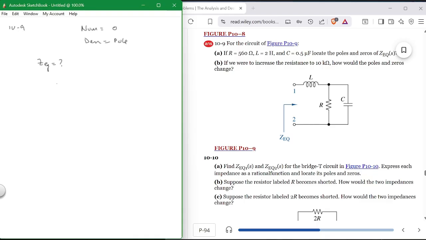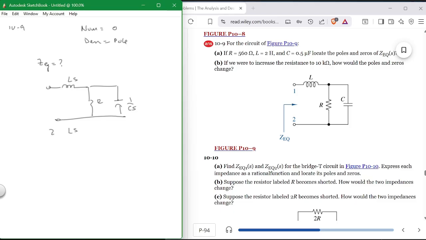Okay, Z equivalent is what? For number 9, they've got an L. It's an LS. Now an R is just an R. What is the C? 1 over CS, right? So what is my total Z for that circuit?